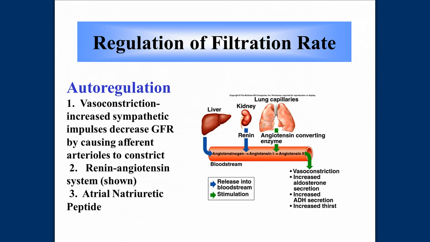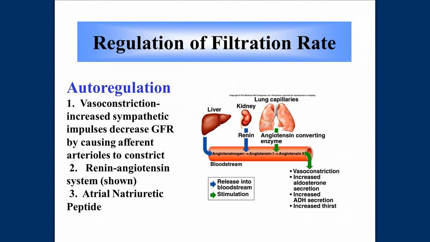You have autoregulation. Vasoconstriction increases sympathetic impulses, which decreases glomerular filtration rate. And we just talked about that. Vasoconstriction is the constriction of the vessel. If you're narrowing that passageway, reducing the diameter of that afferent arteriole, it's going to decrease the filtration rate.